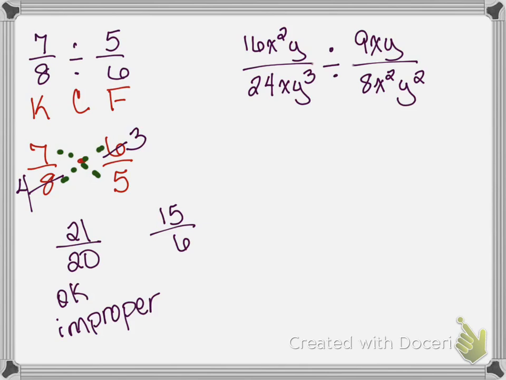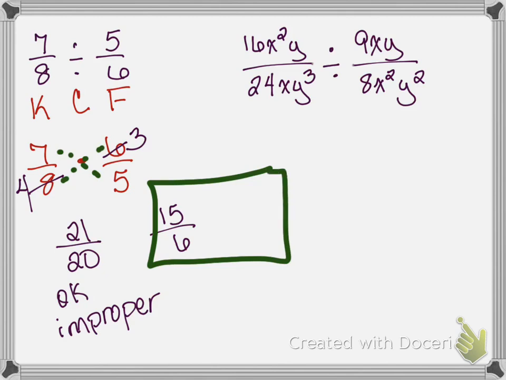So it's okay to get an improper fraction, but be sure you simplify if that improper fraction can be simplified. Okay? I just made 15 over 6 up. It doesn't have anything to do with that problem. So we would need to change that to 5 over 2 because 3 goes into both of those. Improper is okay, but make sure your improper is simplified.